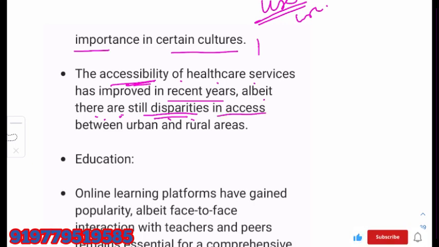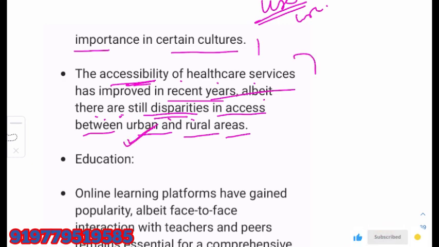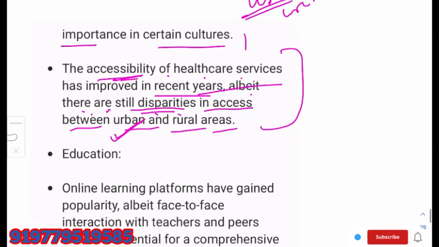In access between the urban and rural areas. When you write it yourself, it goes like this. There are still disparities means differences between rural and urban areas. Again I told you, it happens impromptu. Now use this anywhere, even in part 3 you can use it in speaking.